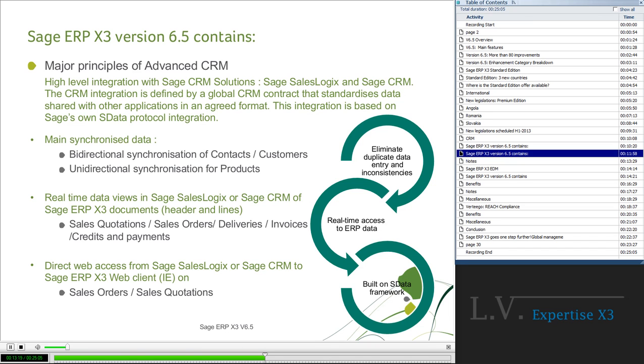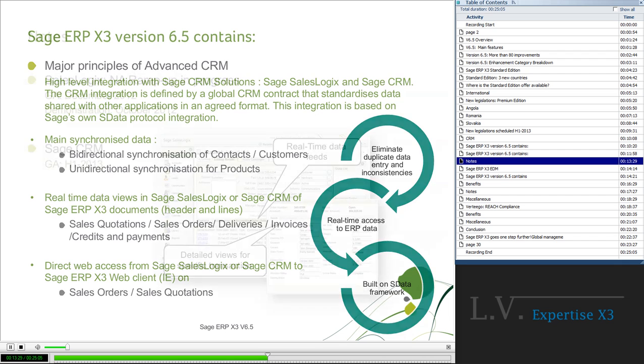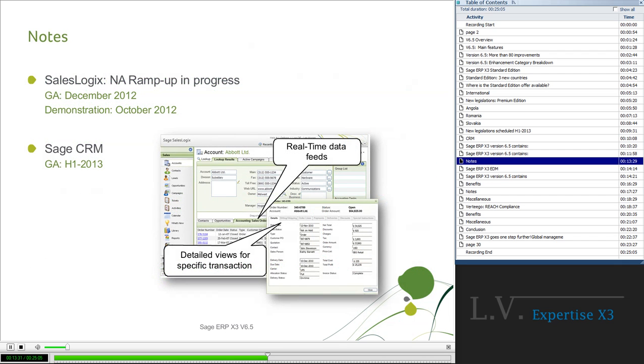Direct web access from CRM to Sage ERP X3 is provided, especially for the creation of sales quotes and sales orders. This is a real-time integration, making it easy for customers to now see exactly what is happening within their business.